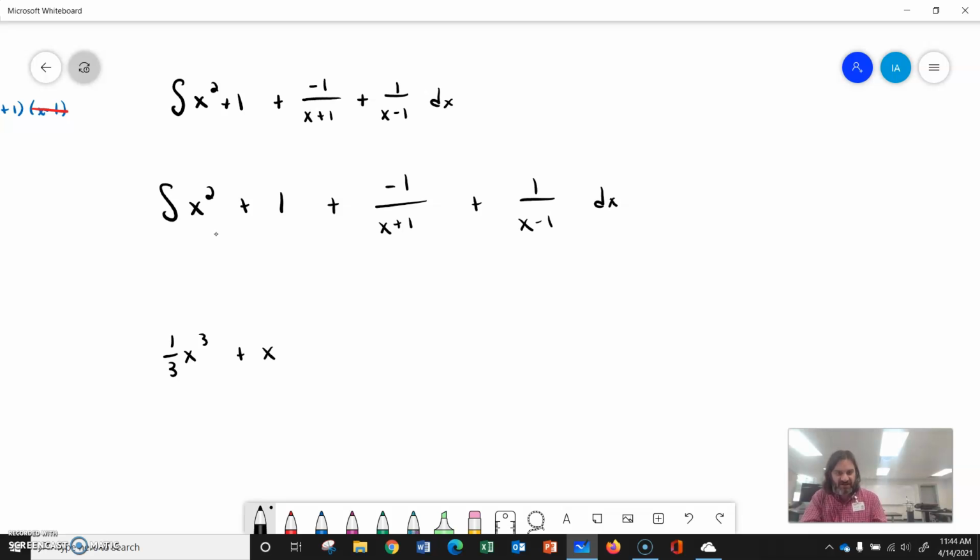And the negative 1 over x plus 1, that is a natural log integration. You can use a u substitution if you like, but it'll be negative for the negative 1 on top, that's the coefficient. Natural log of x plus 1.